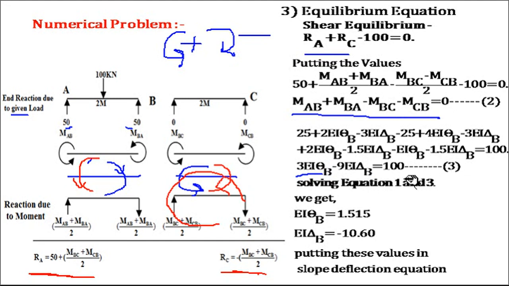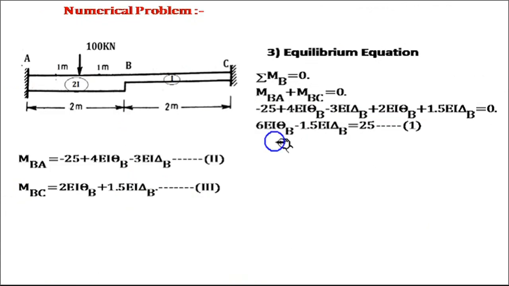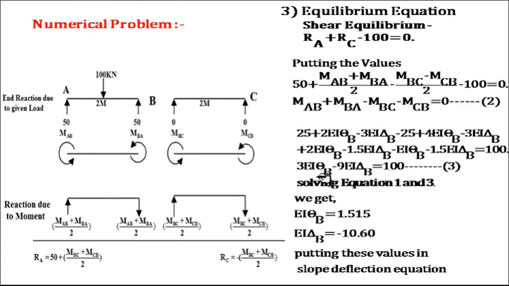So this is the second equilibrium equation. Okay, solving equation number 1 and equation number 3, we will get the value of theta B and delta B. So value of EI theta B is 1.515 and value of EI delta B is 10.60.